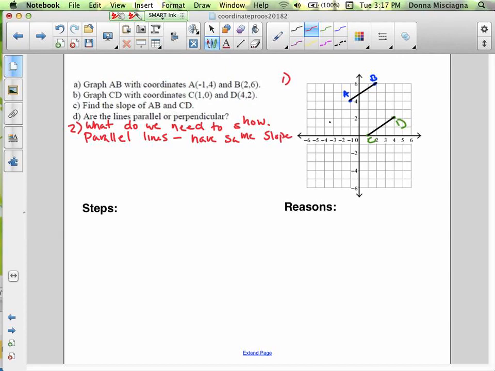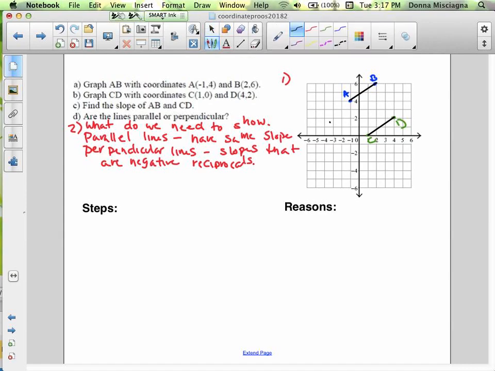If they're perpendicular lines, their slopes are negative reciprocals. So just taking a moment, now this one's of course a very easy proof, but just taking a moment to figure out what you need to show saves you time in the long run. Right? And you can use your notes to figure out what it is you need to show.